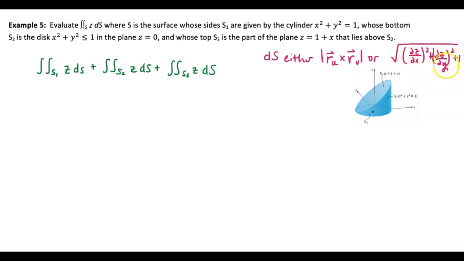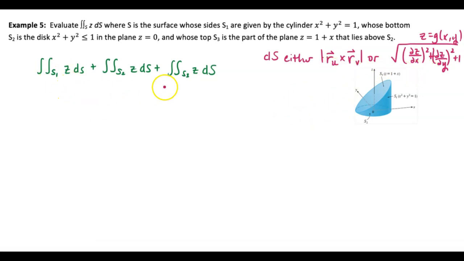This is the special case when we have some z equal to a g of x, y. And of course, we said that this can be an x equals or y equals. But either way, we've got our dS from either one of these 2 different expressions here.